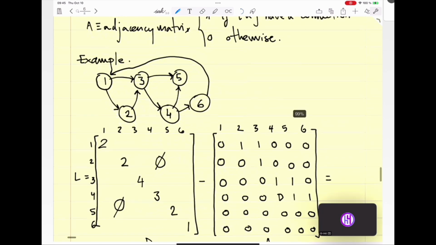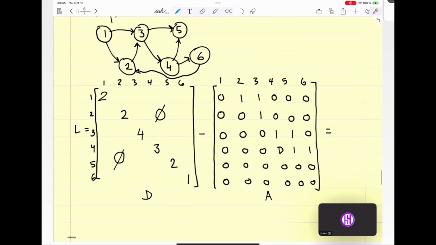What is bothering you? If I have a connection from 6 to 1 and maybe 6 to 2, and then there are 2 1s on the left side. If there would be a connection between 6 to 2, like this, then your matrix would be here at 2.